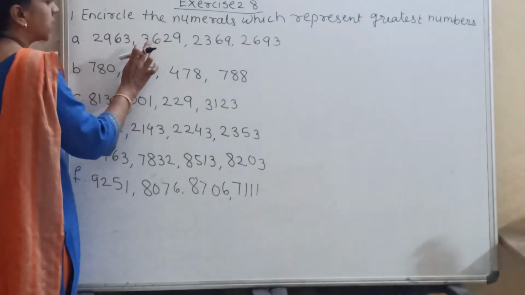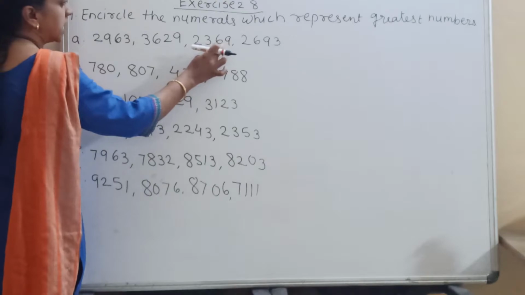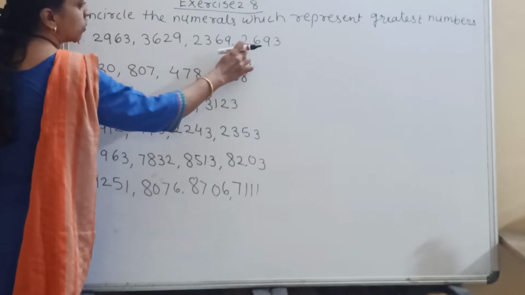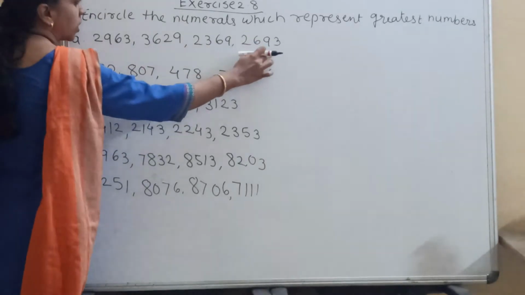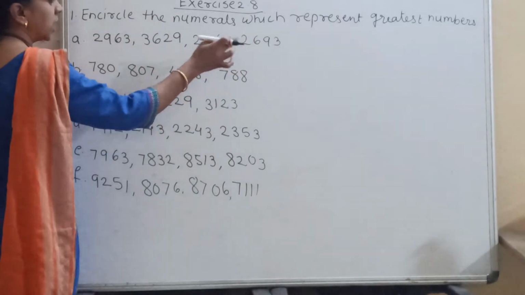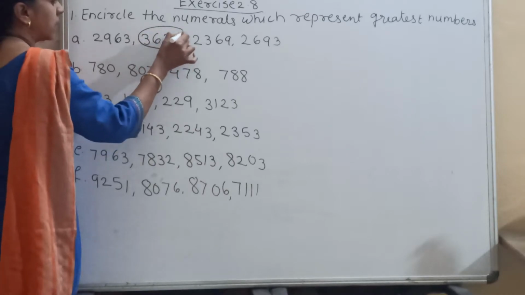2,963, then 3,629, then 2,369, then 2,693. So among these 4 numbers, the 2,000 numbers are a total of 3, and this 3,629 is the bigger number.